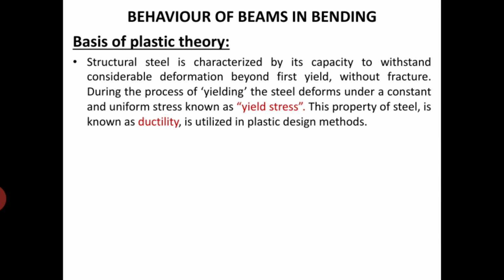During the process of yielding, the steel deforms under a constant and uniform stress known as yield stress. This property of steel is known as ductility and is utilized in the plastic design methods.